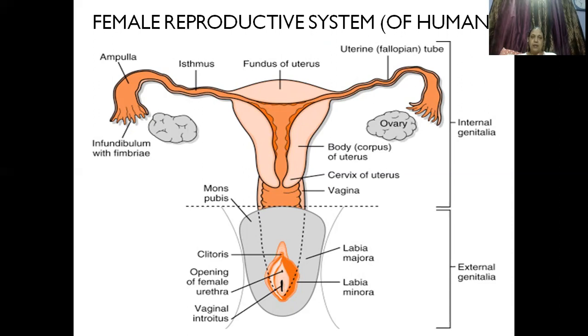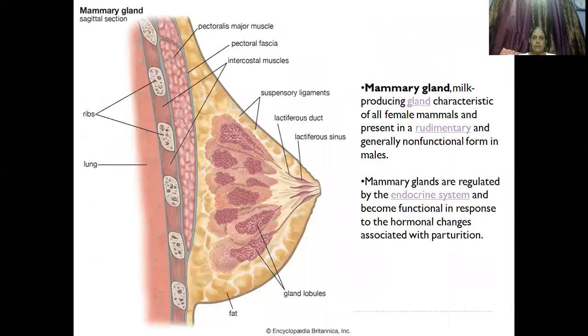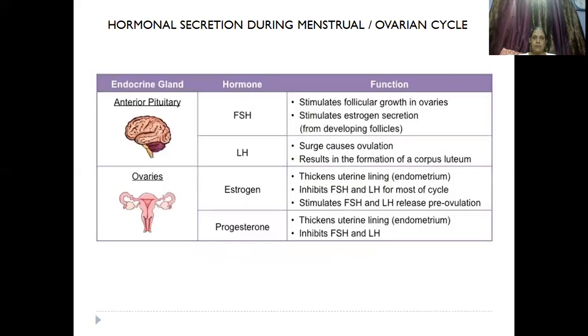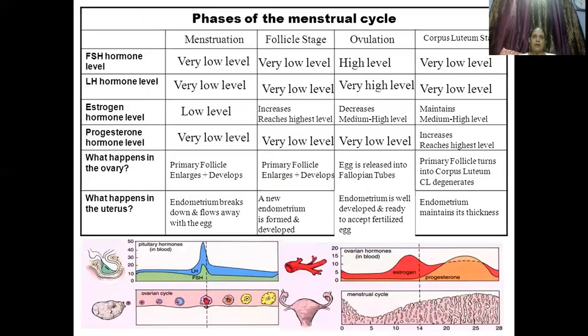The follicle stimulating hormone then... see here, understand, we had begun with the follicle stage, right? In the follicle stage, there is a very low amount of follicle stimulating hormone. The follicle once released will not release more follicles.